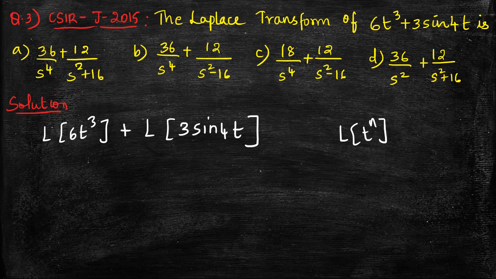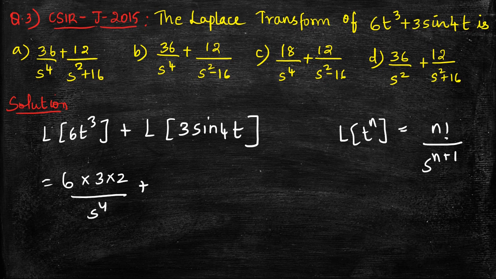Laplace of t power n will be equal to n factorial divided by s power n plus 1. So now L of 6t cube will be 6 into 3 into 2 divided by s power 4, plus L of sine at, which is given as a by s square plus a square.